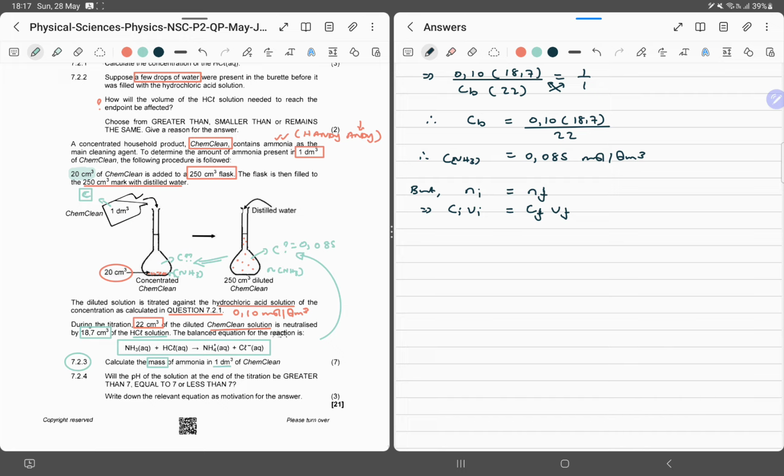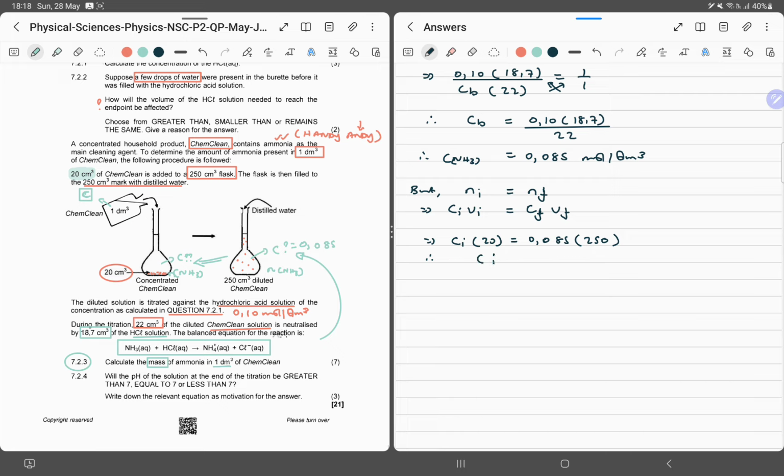Okay, now let's move. We substitute. So the initial volume was 20, and let's just start it like this because we want the concentration. So we know that concentration into 20 is going to be equal to, we found out this is 0.085 into, now this is 250. We use the big one. We don't need to change these ones.